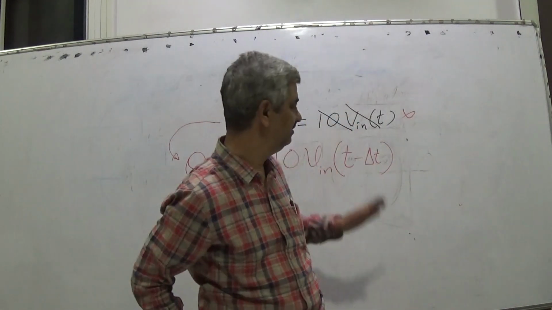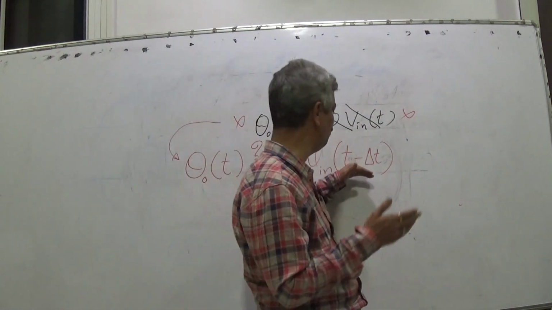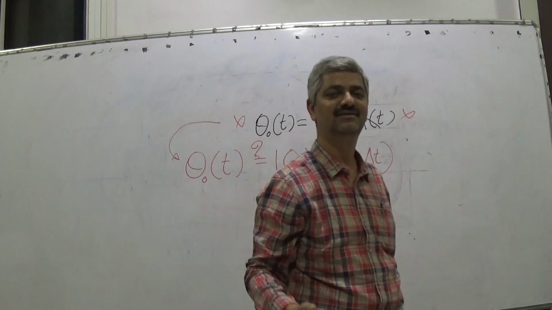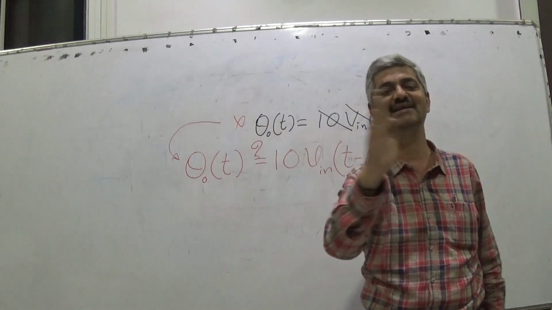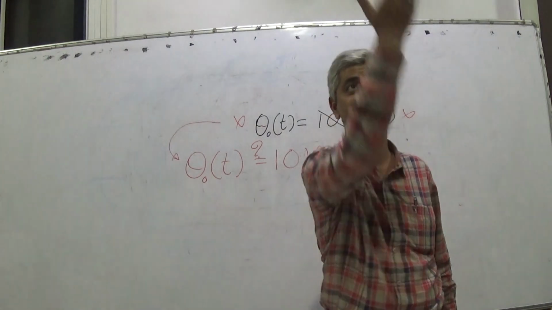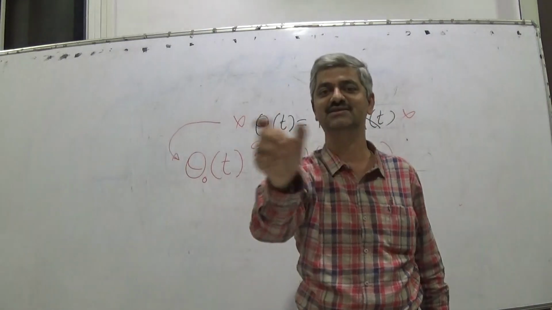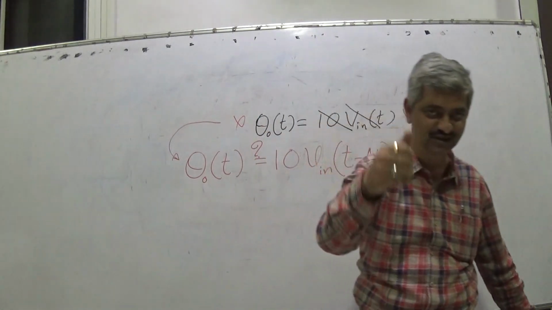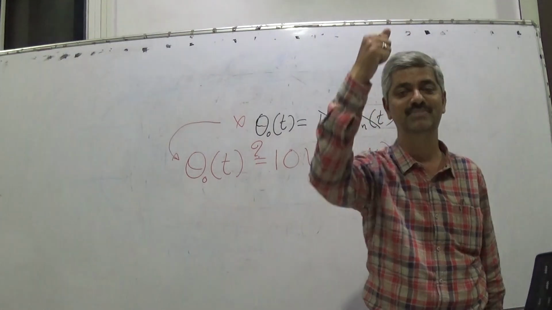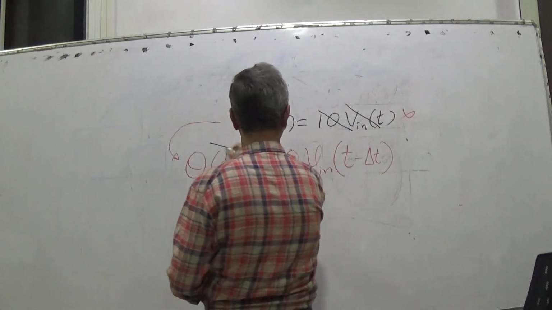And when we delay, if the input is moving at a rapid rate, the output is also expected to move at the same rate, only with some time lag. So if it is changing at a rapid rate here, the output should also change at the same rate, only with some 1-2 microsecond delay, and that can't happen. There is a limitation on the maximum speed with which the output can change. So this is impossible.